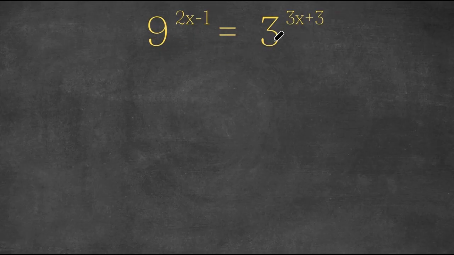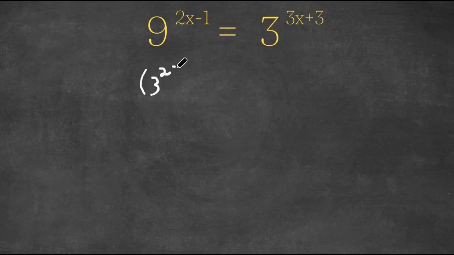So when we're solving problems such as these, what we want to do is make our bases the same. In this case, our bases are 9 and 3. So we want to convert them so that they're the same. Well, to do that, I'm going to make 9 equal to 3 squared. I'm going to substitute in 3 squared for 9, because if I do this, both our bases are going to be 3.